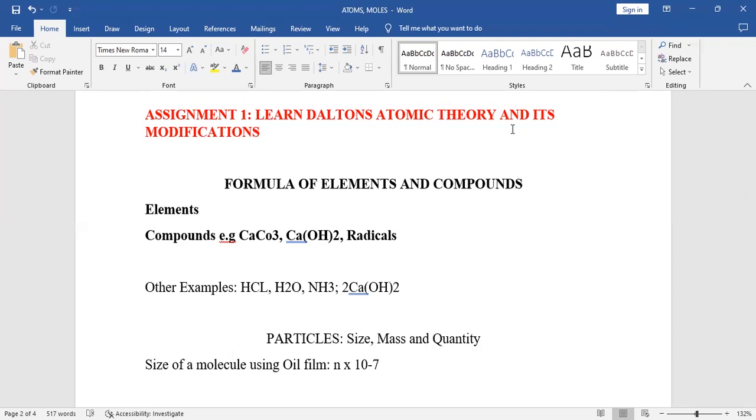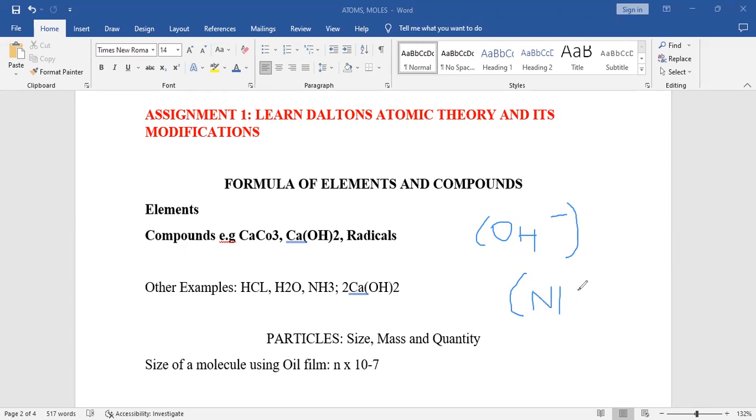I already defined a radical as a group of atoms. If you see this OH minus, this is a radical. It always goes like this. The other ones like NH4 plus.